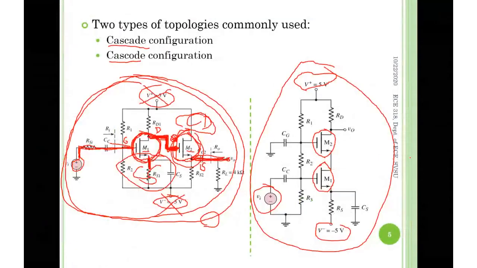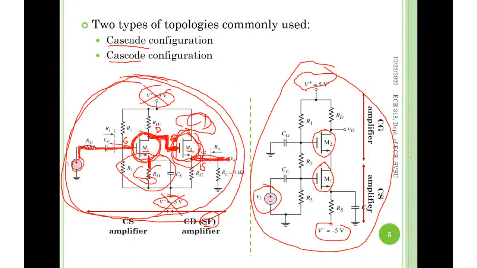Come back to here. As Kevin said, common source and common gate. If you go into the details, as he just said, for M1 individually, input is the VI. Output is the connection with M2, which is the drain here. Leaving the source terminal here as a common terminal. It is hooking up to the -5.